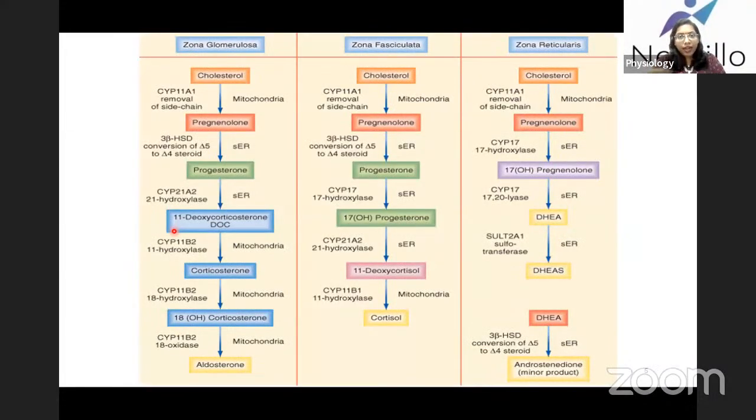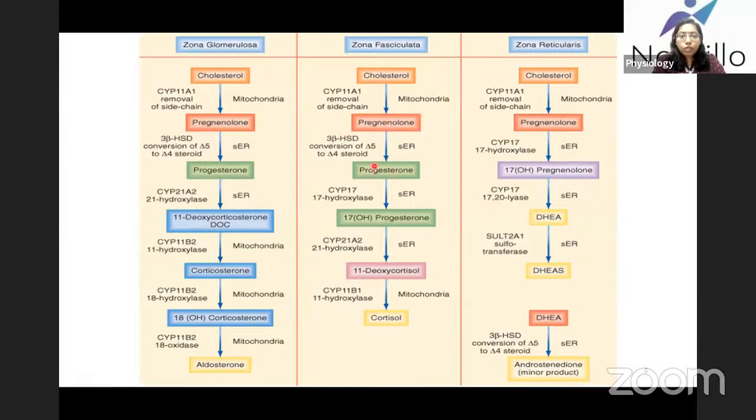Now to go ahead, I'll give you a small tabular format of the secretion of these particular hormones and the mechanism of action. First we'll go with the production of these hormones. I'll concentrate only on the middle part, that is the zona fasciculata, which is secreting cortisol. So we have cholesterol, which in the mitochondria gets converted into pregnenolone.